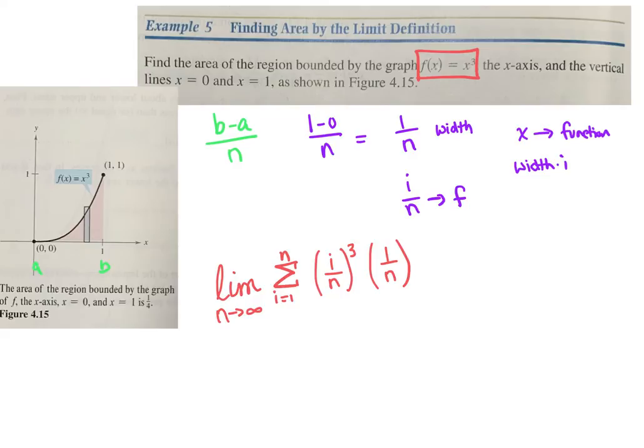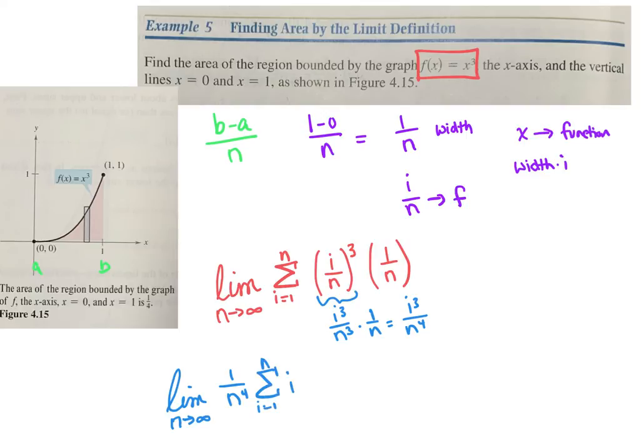So this is going to simplify to i cubed over n cubed times 1 over n. So this is going to be i cubed over n to the 4th, right? I can pull the 1 over n to the 4th out in front. So I have my limit as n approaches infinity of 1 over n to the 4th, summation then of i cubed. What is the summation of i cubed? It is n squared times n plus 1 squared divided by 4. Yep.